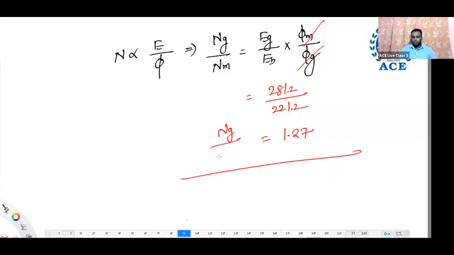This is the ratio of generator speed to motor speed. Okay. Okay, good.